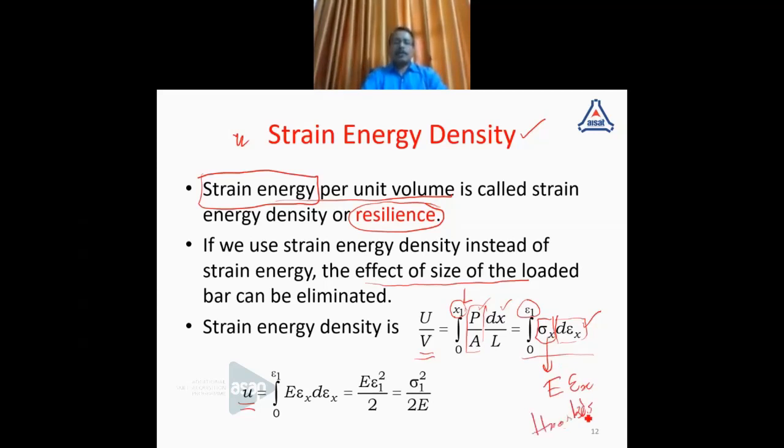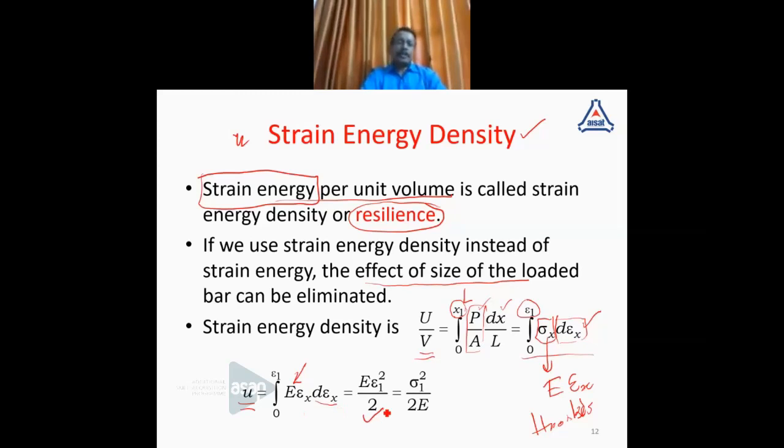In Hooke's law, we know that in an elastic material, stress and strain are proportional, and E is the proportionality constant. It is the modulus of elasticity. So we can replace sigma x by E into epsilon x, and the epsilon x is already there. Now this can be integrated to obtain this.